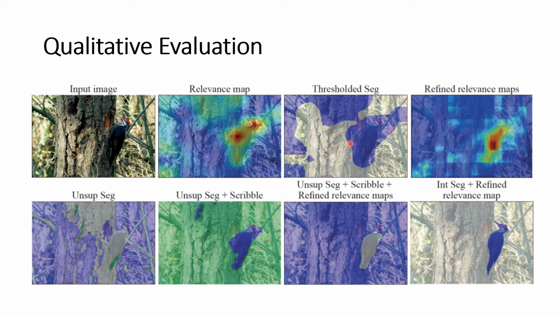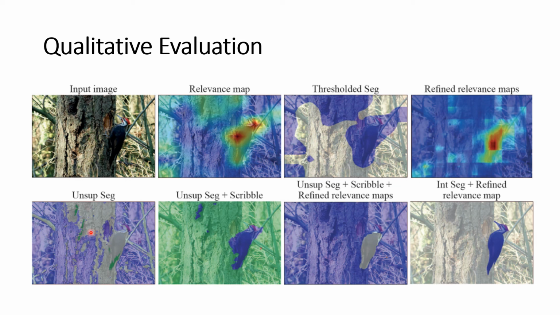Then by thresholding the relevance map with the mean relevance value, we get a segmentation with low recall. Here we can see the refined relevance map as previously described with the test time augmentations. The background noise is reduced and the relevance values are much more centered on the bird.